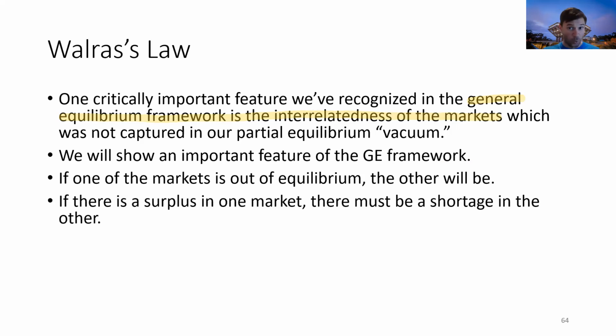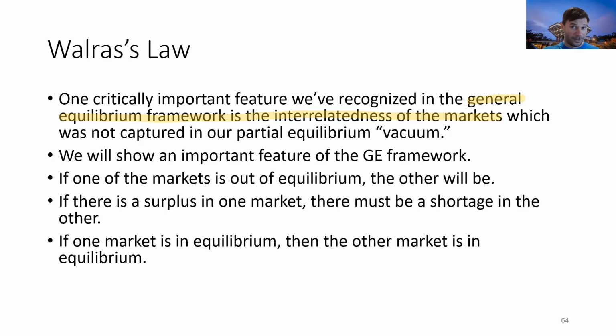If there's a surplus in one market, right, meaning we have a negative excess demand in that market, there's going to be a shortage in the other market, meaning we have positive excess demand in the other market. And what we're going to see here is if one market is in equilibrium and we only have one other market, then the other market will also be in equilibrium.